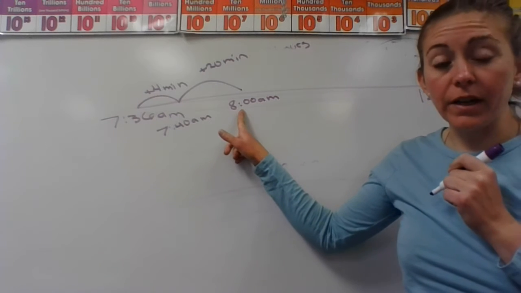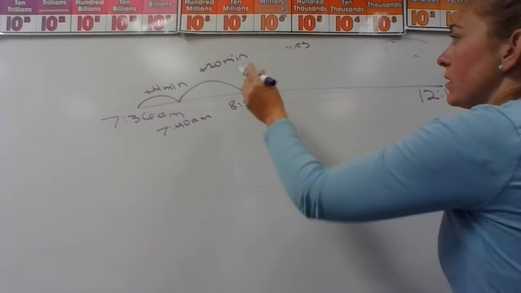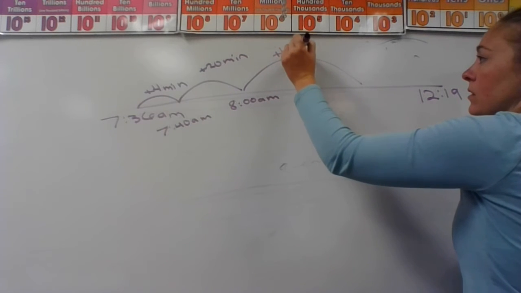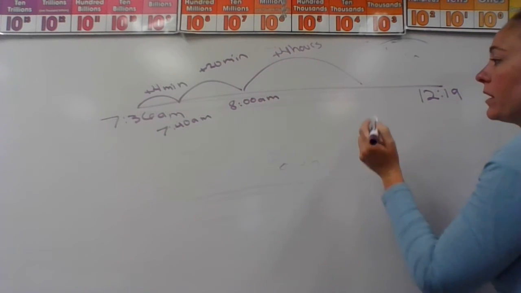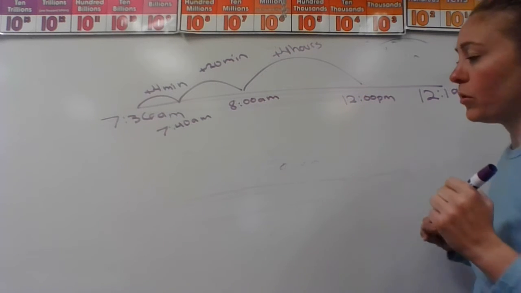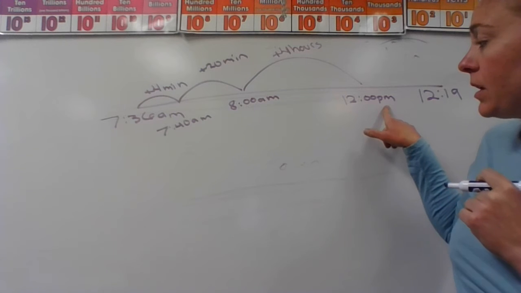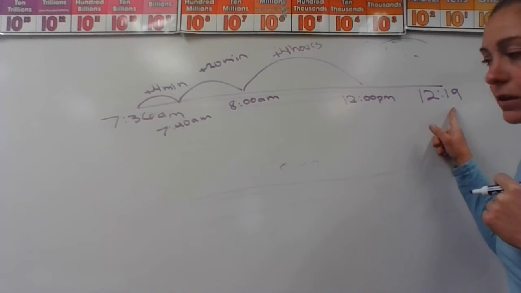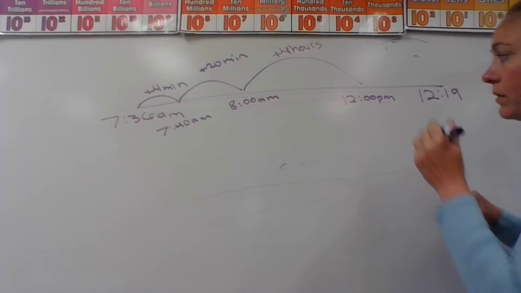So I should have to add 4 hours. All right, so that would be 12 p.m. across that morning to afternoon side. Now we're at 12 p.m. from a.m. And lastly, I need to add an extra 19 minutes to go from 12 to 12:19.